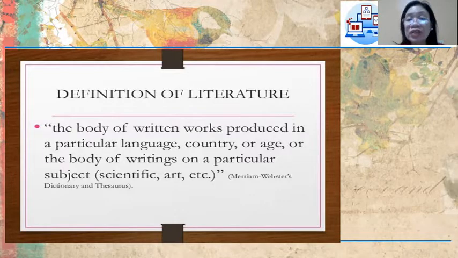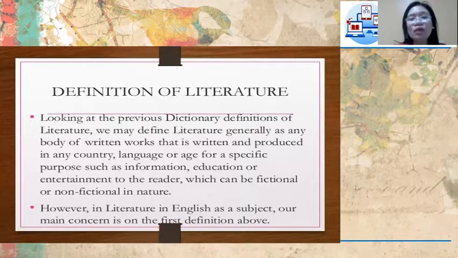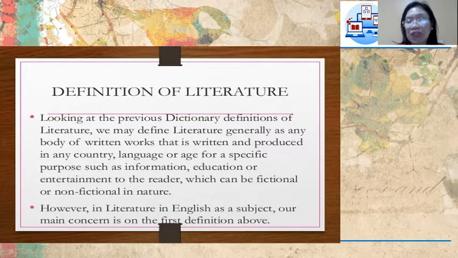It is the body of written works produced in a particular language, country, or age, or the body of writings on a particular subject. Looking at the previous dictionary definitions of literature, we may define literature generally as any body of written works that is written and produced in any country, language, for a specific purpose such as information, education, entertainment, which can be fictional or non-fictional in nature.